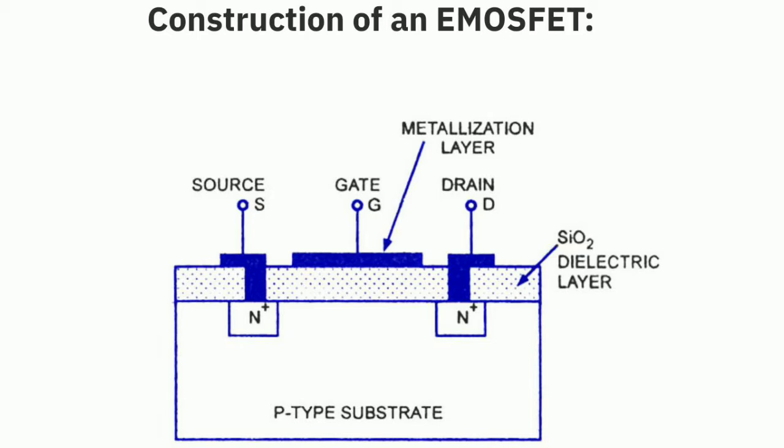Two metal contacts are directly attached to the two N regions and terminals are taken out called the drain and source terminals. A metal contact is kept isolated from the P substrate by a thin layer of silicon dioxide and a terminal is taken out called the gate. As compared to D MOSFET, in E MOSFET the channel is absent, as you can see clearly in the figure. Now let us see the working.